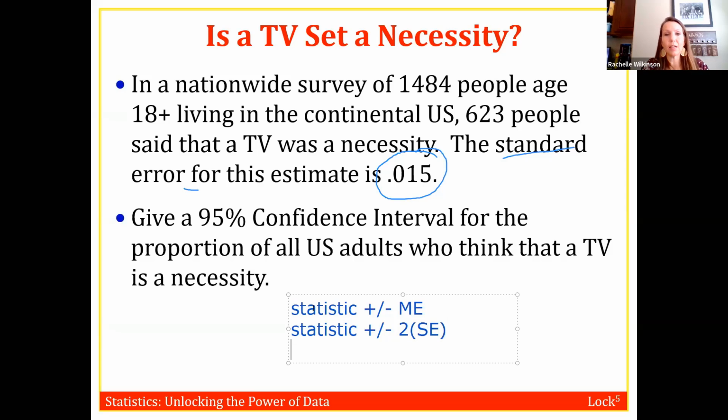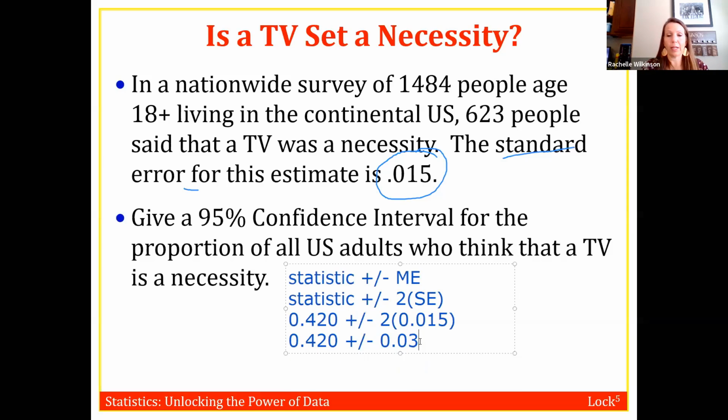My statistic was 0.420, and I'm going to add and subtract 2 times the standard error, 0.015. If I multiply that, I end up with 0.03. So when I add and subtract, 0.42 minus 0.03 is going to be 0.39.